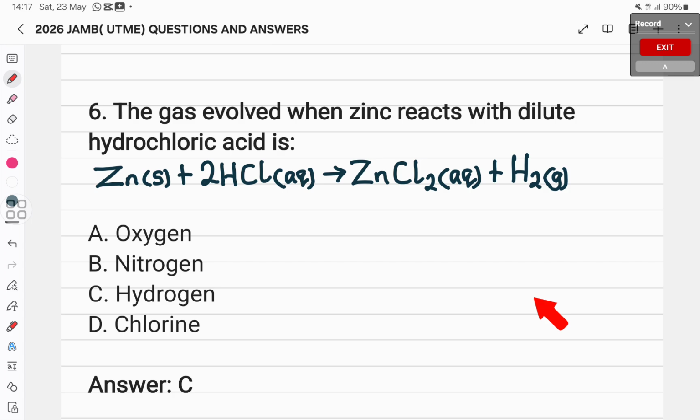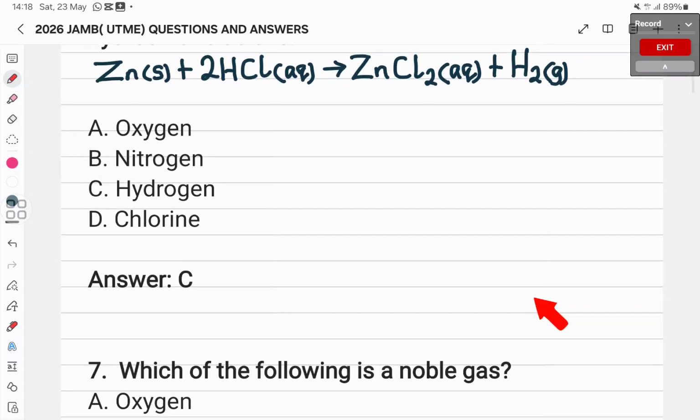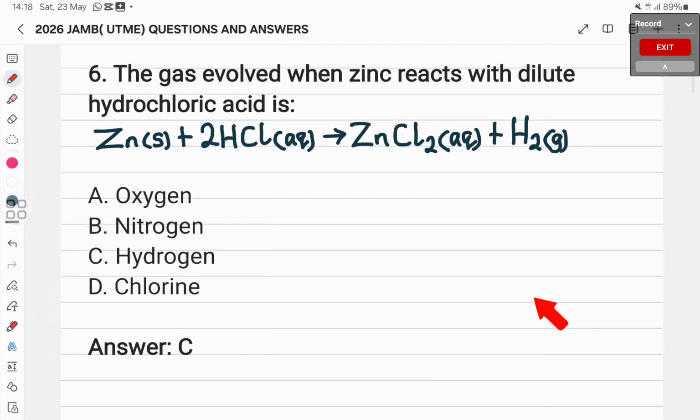Whenever there is a reaction between a metal and any dilute acid, the gas that is produced is hydrogen. Hydrogen gas is produced by the action of dilute acids such as HCl, hydrochloric acid, H2SO4, tetraoxosulfate(VI) acid, or dilute trioxonitrate(V) acid, HNO3. The action of these dilute acids on the reactive metals will form a salt and liberate hydrogen gas. So the correct option is C.